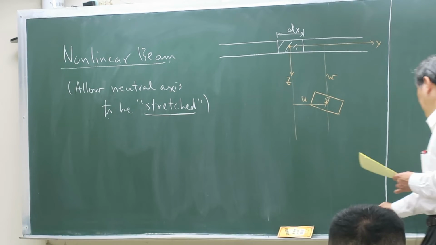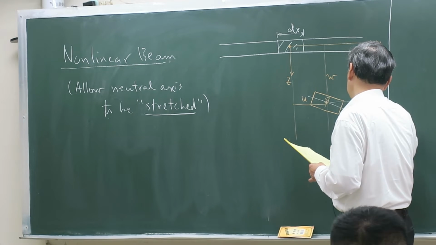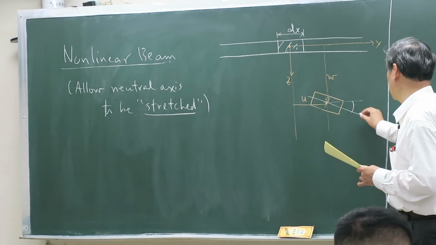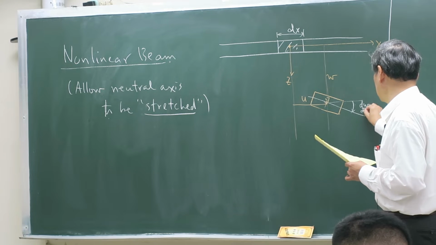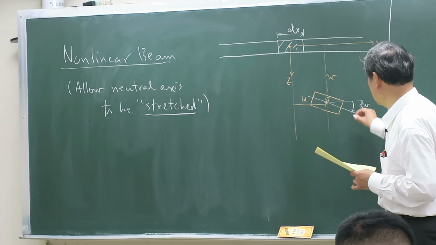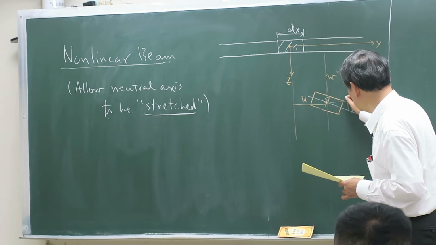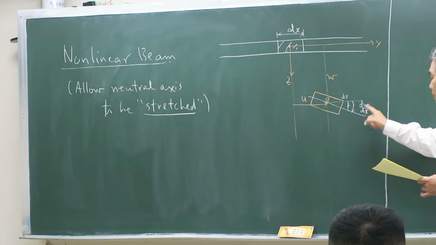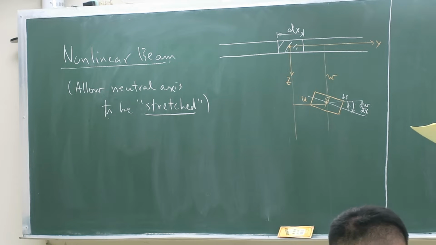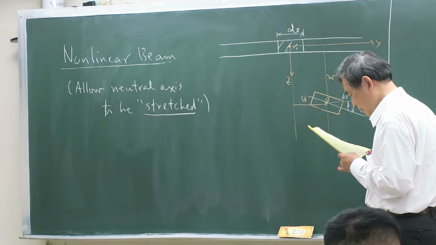And this element rotates by an angle dw/dx, because this is dx and this is dw. So the slope will be dw/dx.